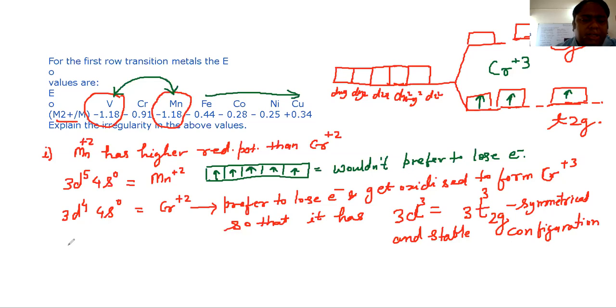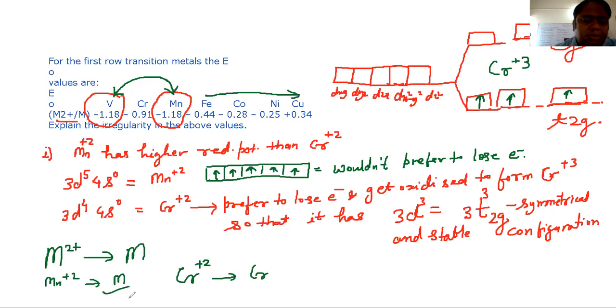Let me explain this once again. What is happening here? We have to see the reduction in which M2+ is becoming M. That means Mn2+ becoming Mn is more easy, or Cr2+ becoming Cr is more easy. This is more easy because it would like to take its electron back in the s orbital.